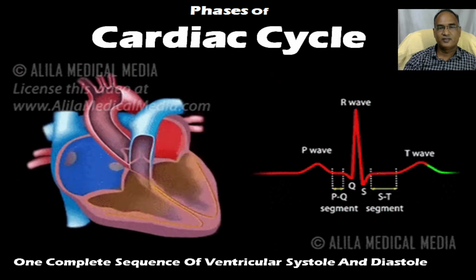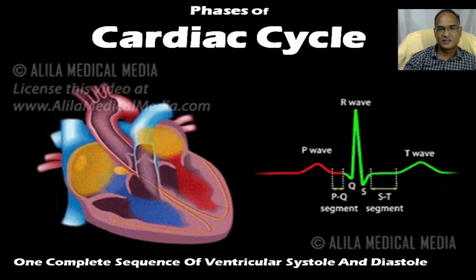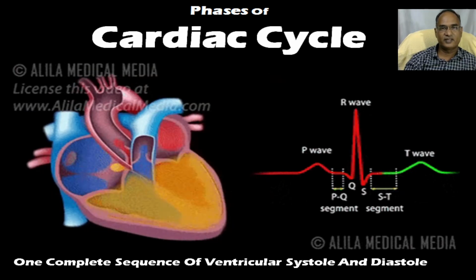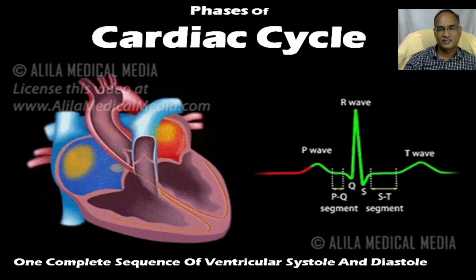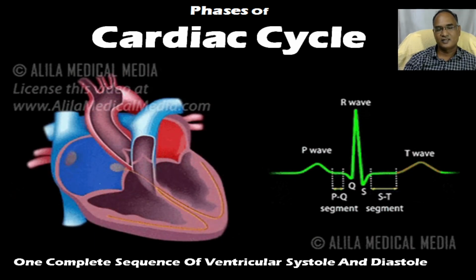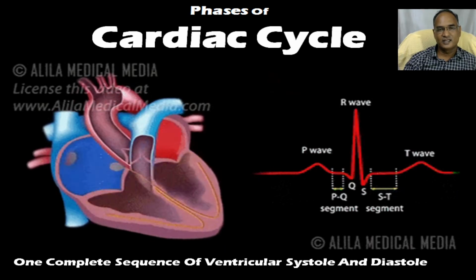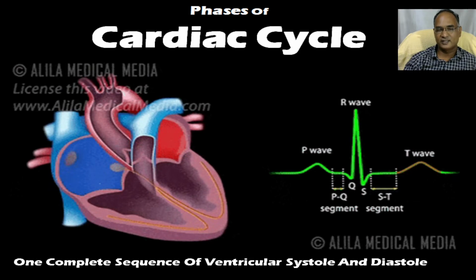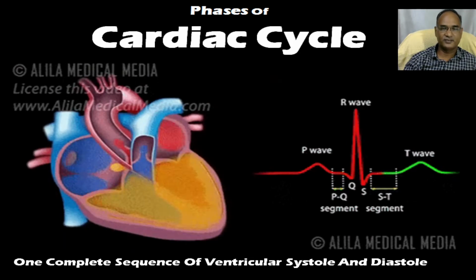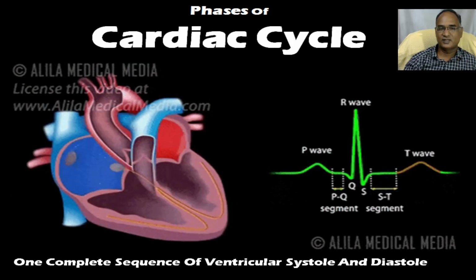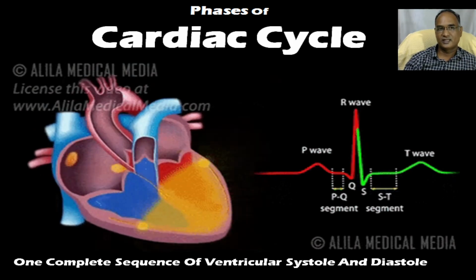Good evening, dear friends. With this presentation, we are going to discuss the different phases of the cardiac cycle. In between two beats, what is happening and what things are getting ready to make your heart a perfect ejection from the left and right ventricle to circulate systemic and pulmonary circulation.